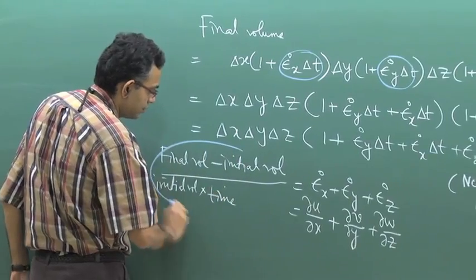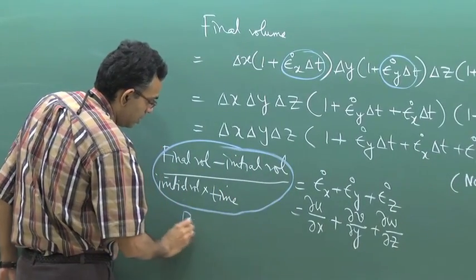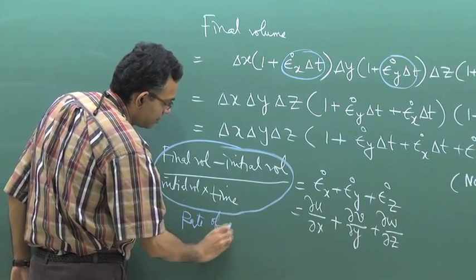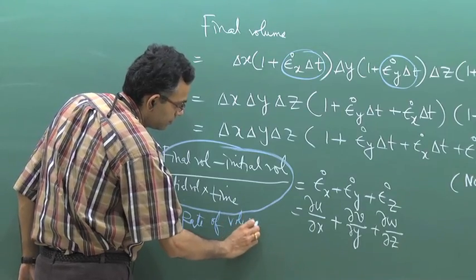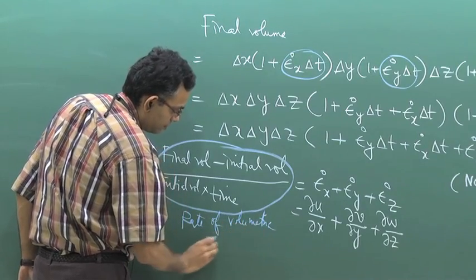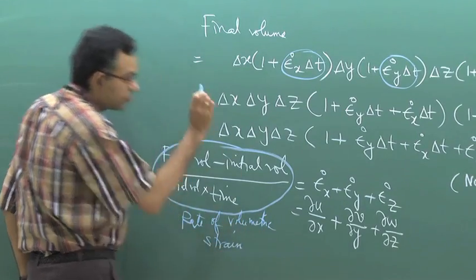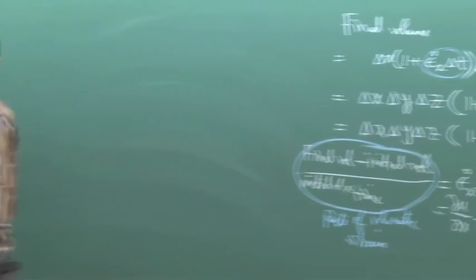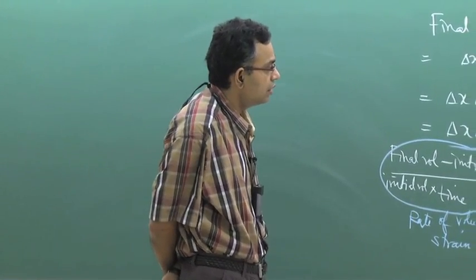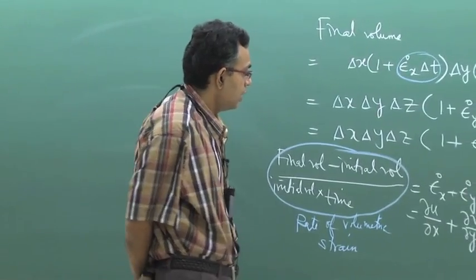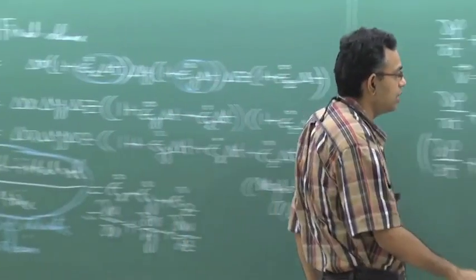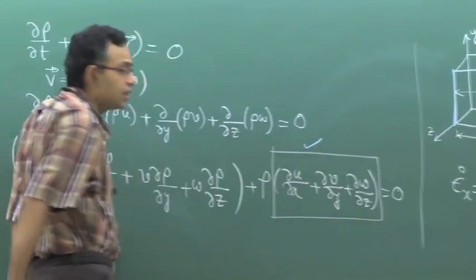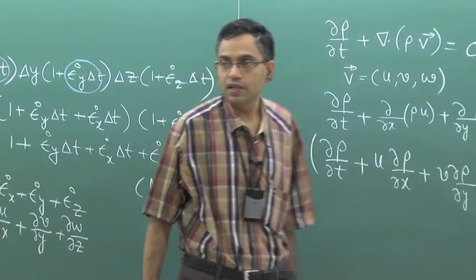This is the rate of volumetric strain. So, it is clear from here that this term which is put in the square bracket represents the rate of volumetric strain.